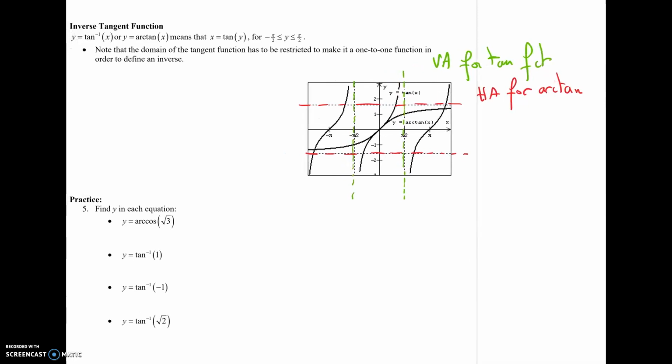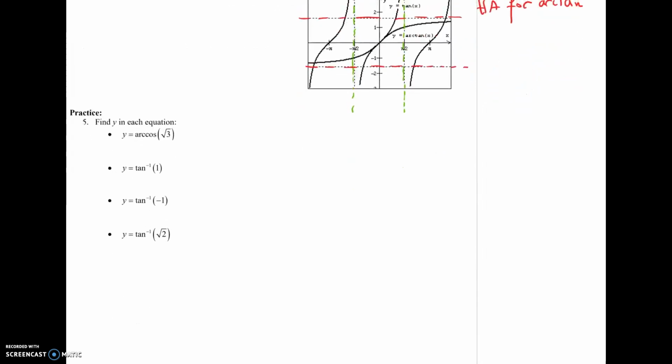All right, so now let's focus on practice number 5. Same idea. What I want to do is have tangent y equals square root of 3. Right there, I'm going to have tangent y equals 1, tangent y equals -1, or tangent of y equals square root of 2.